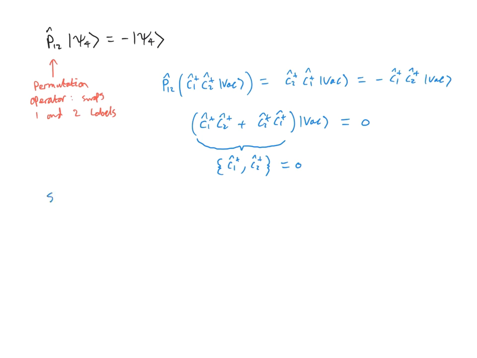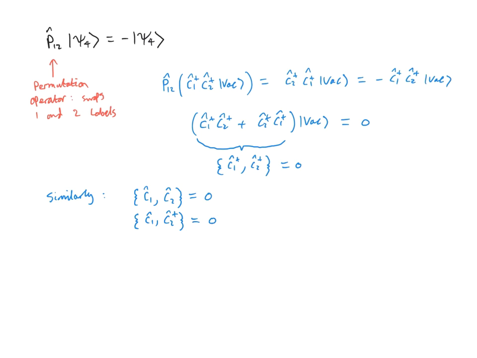And similarly, by the same kind of argumentation, it's easy to show that C1 with C2, the anti-commutator of those things, is equal to 0. And a little more involved to show, but you can also see that the anti-commutator of C1 with C2 dagger is also equal to 0.